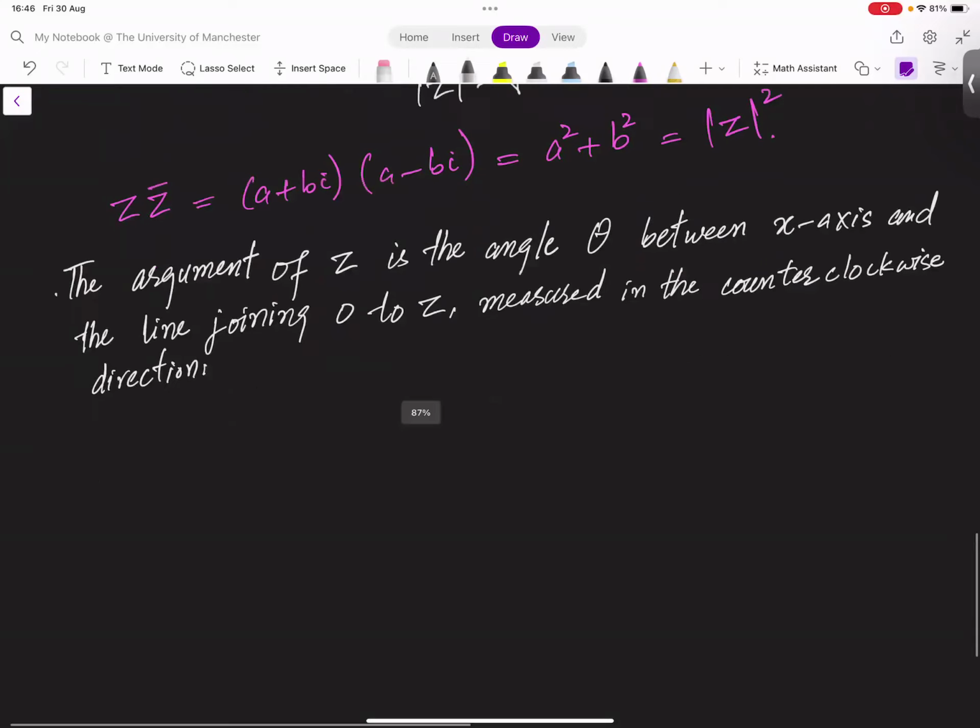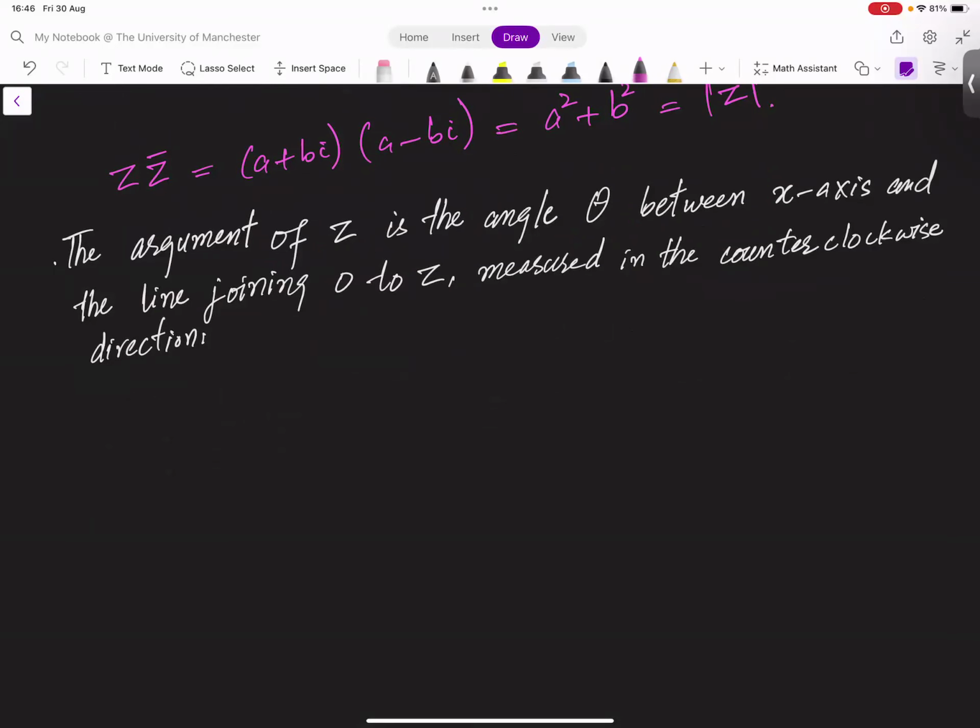We can do that as follows, that we have this system. Theta. This is r. This is z is a plus b iota. This is b. This is a.